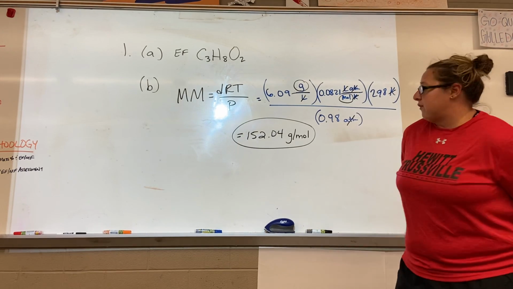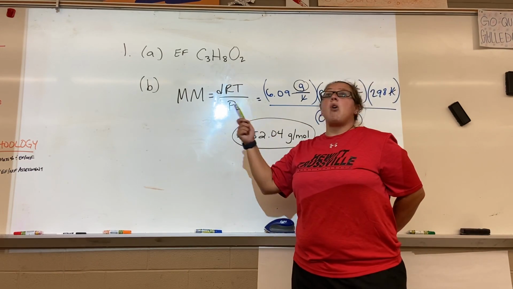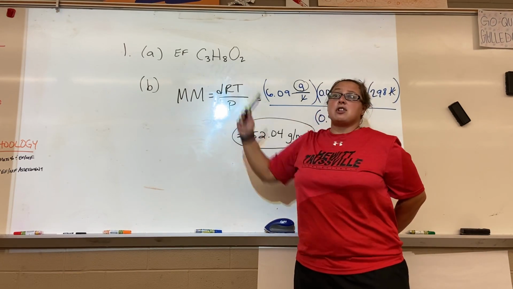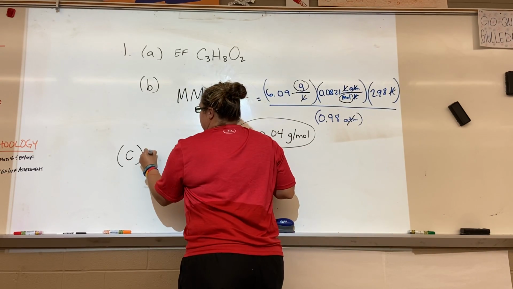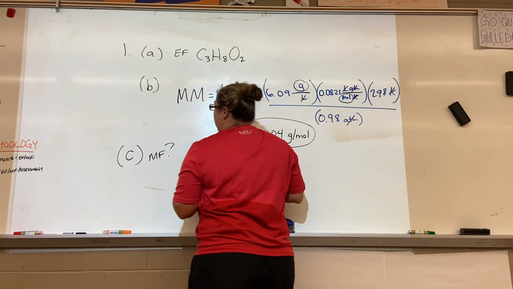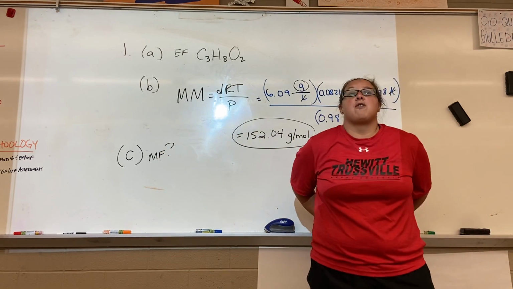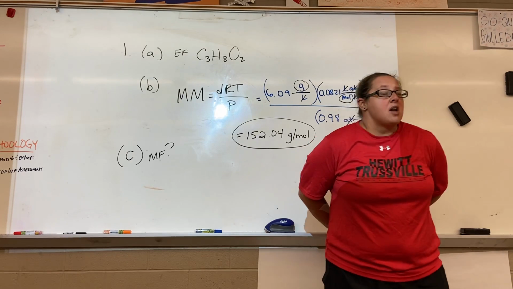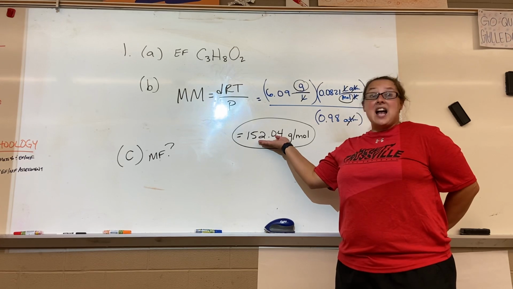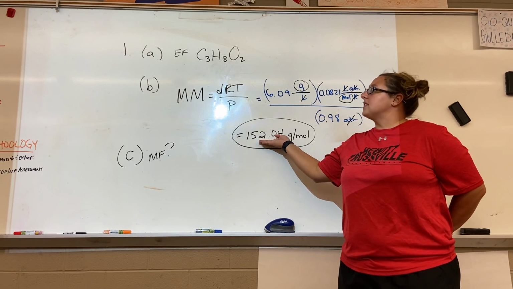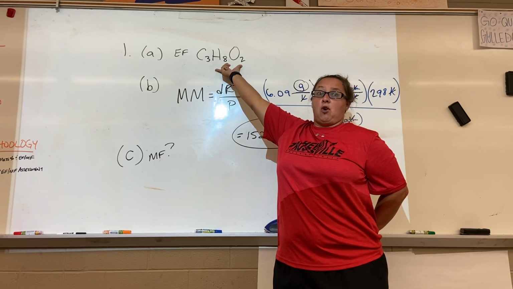Well, molecular formula can be found by finding the multiple that we have to distribute through here. So for part C, to find the molecular formula, I need to know what number to distribute through that empirical formula. And to do that, we look at the ratio of what our molar mass actually is versus the molar mass that we get from our empirical formula.